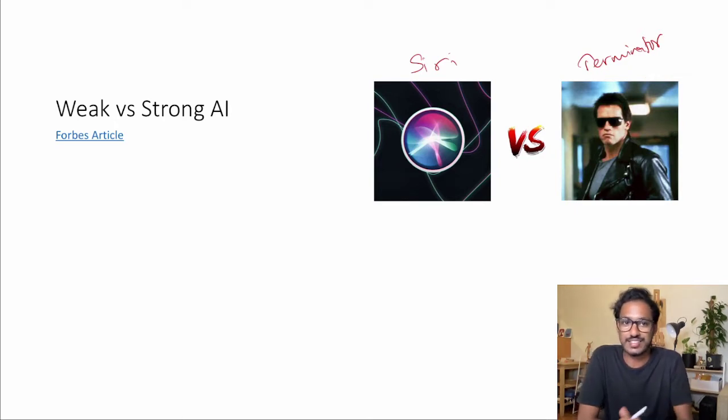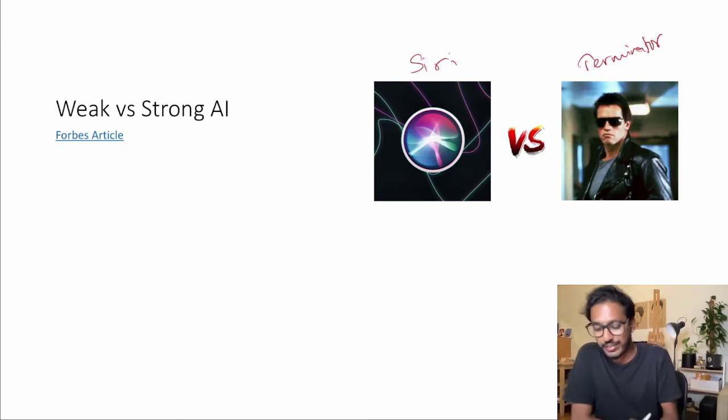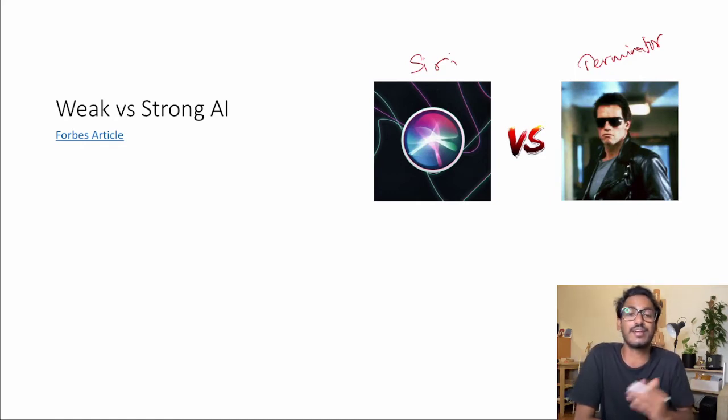It's an assistant on Mac or Apple operating systems, like Hey Google or Alexa. The idea behind weak versus strong AI is that a strong AI is a generalized AI. A strong AI has generalized intelligence. It can do many things, like Terminator does.